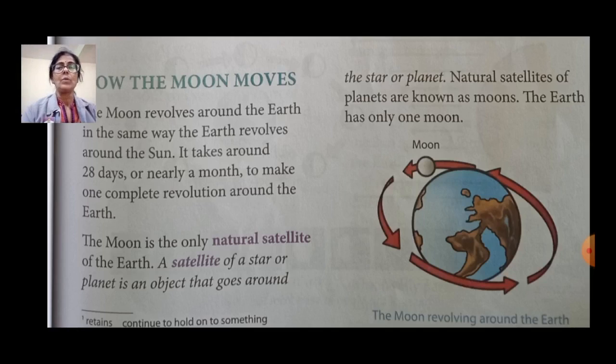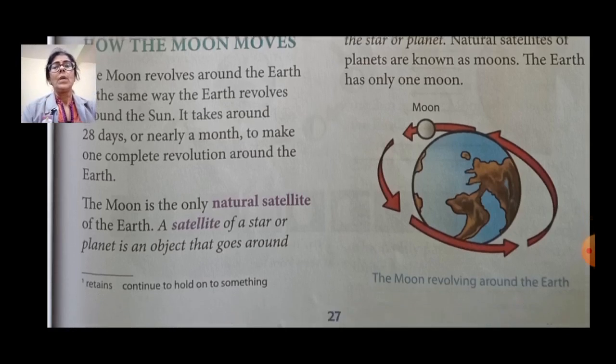Earth is our house, right? Earth is our home. It takes around 28 days, nearly a month. पूरा एक महीना या तो 28 days it takes to complete one revolution around the earth, right?